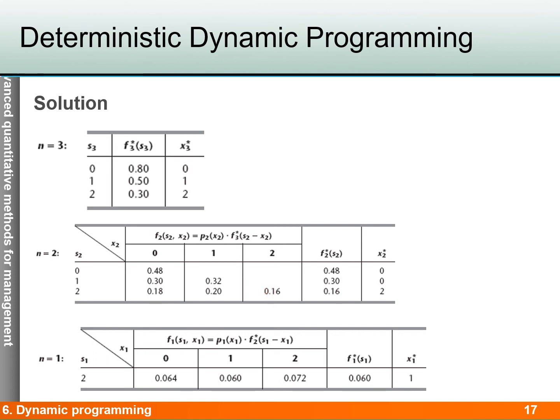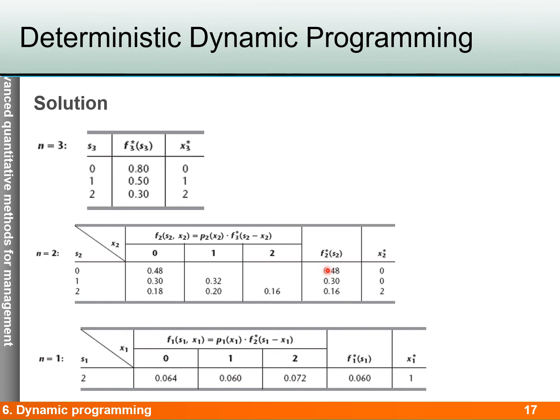Like the stagecoach problem, here also we want to minimize. So what is the minimum on this line? It's only 0.48. On this line, between 0.30 and 0.32, which one is minimum? 0.32. And among these 3 items, 0.16.